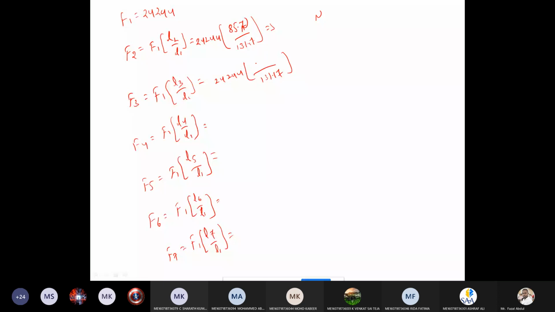L3 also the same, in terms of newtons, 24244. L4, how much did we get? 101. 24244.